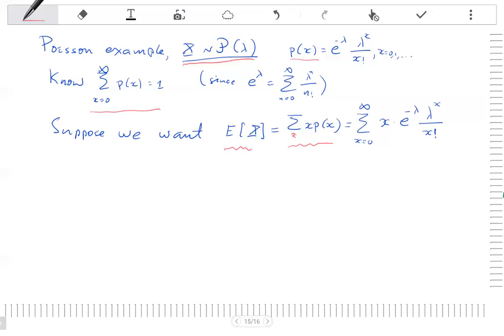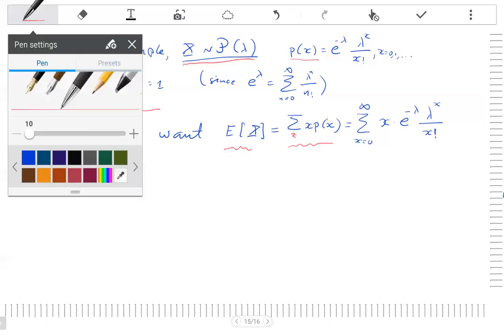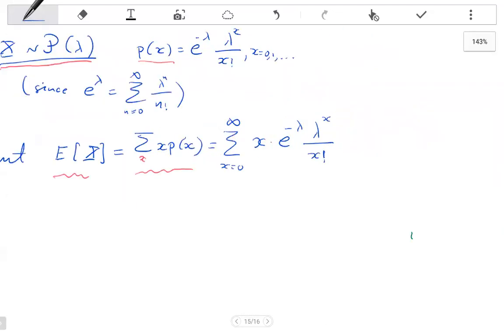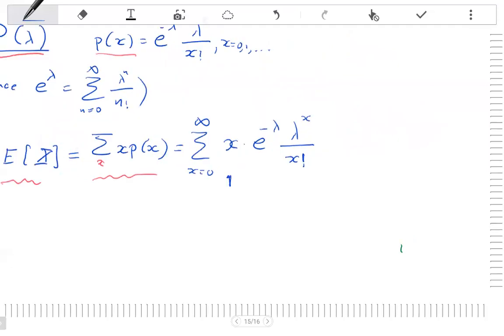So let's rewrite this a little bit. We can start by noting that the first term in the sum is actually 0. If x is 0, then the whole quantity is 0. So this is really just the sum where x goes from 1 to infinity of x times e to the minus lambda, lambda to the power x over x factorial.